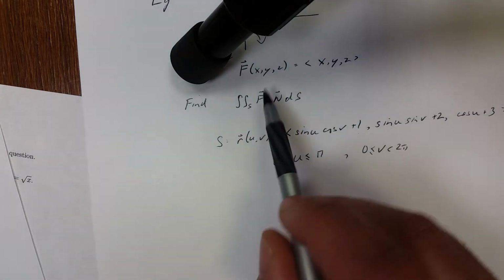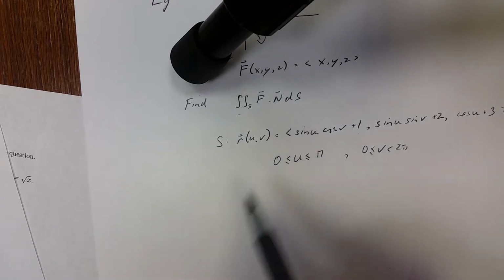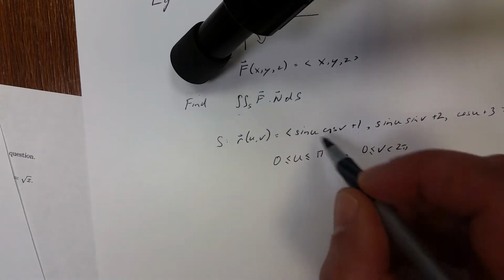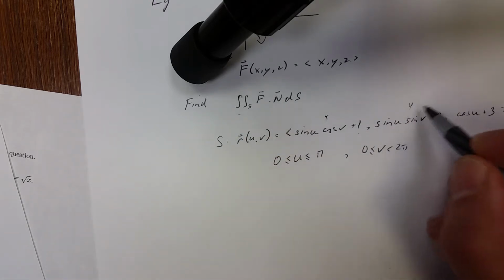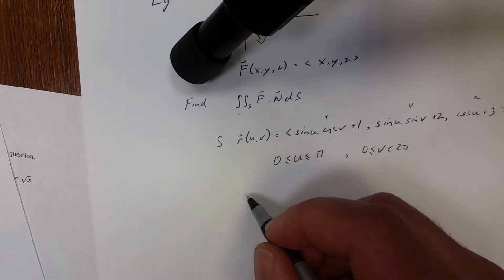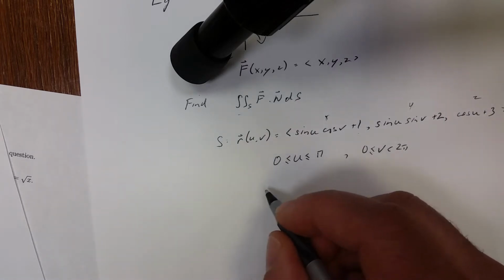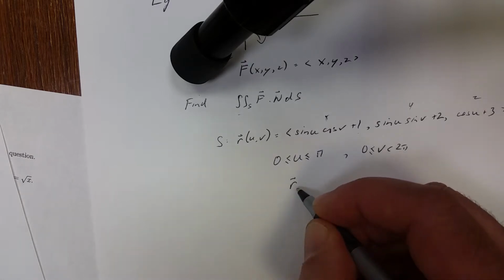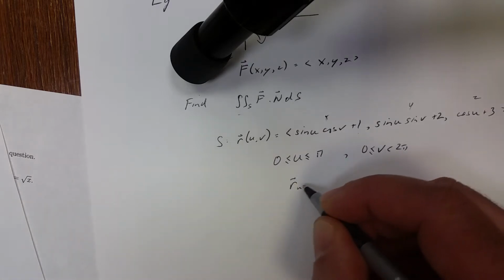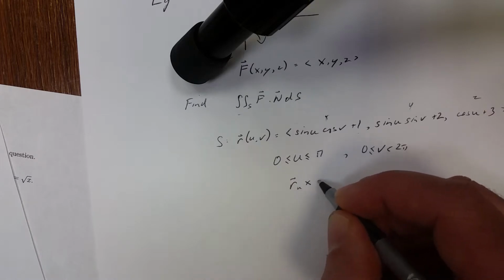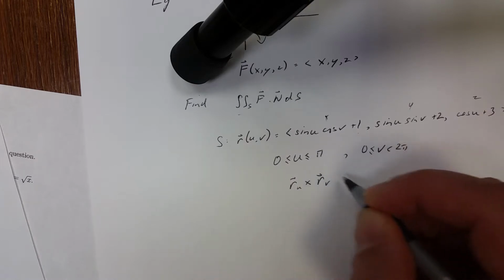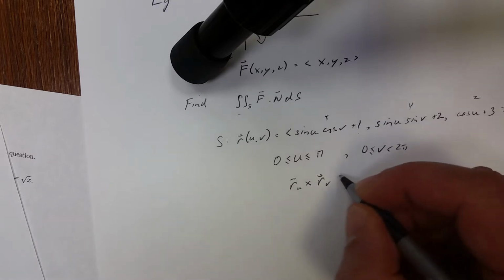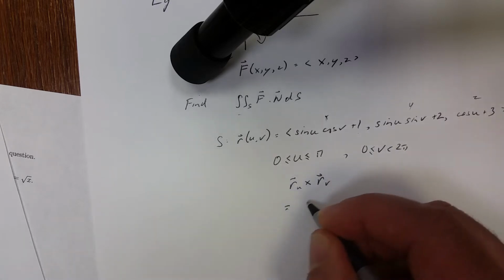So we know how to evaluate this thing directly. We're going to plug this in for x, this in for y, this in for z, and we also have to compute the partial derivative with respect to u, and take the cross product with the partial derivative with respect to v. If we do all that, we end up with the following.